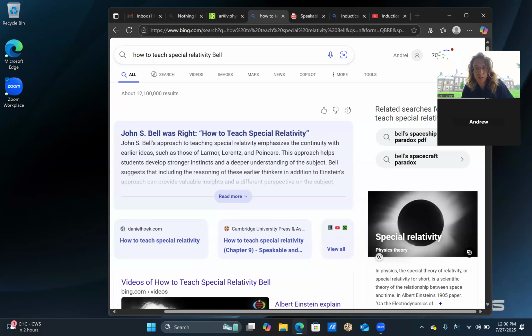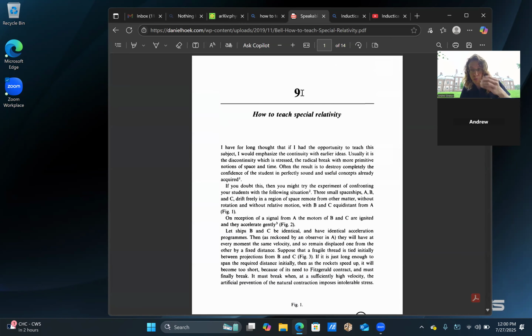It is written by John Bell, who is famous for Bell's inequalities, which are used to prove the quantum nature of reality, the quantum nature of our world. And the corresponding experiment is what people have recently received a Nobel Prize for with entangled pairs.